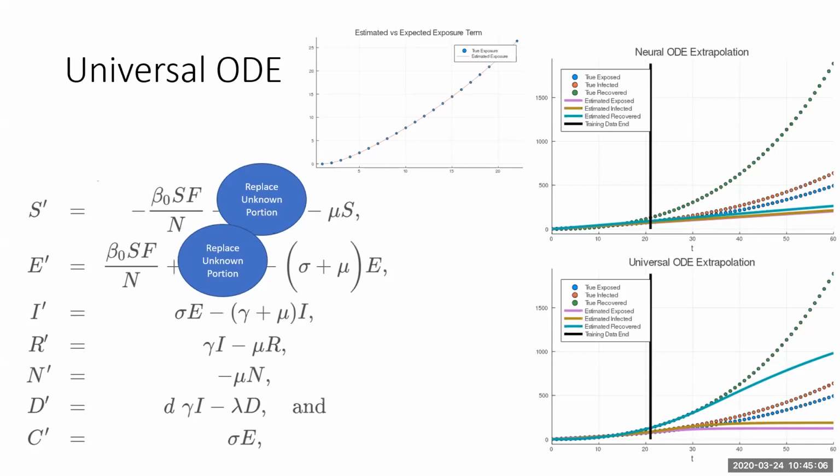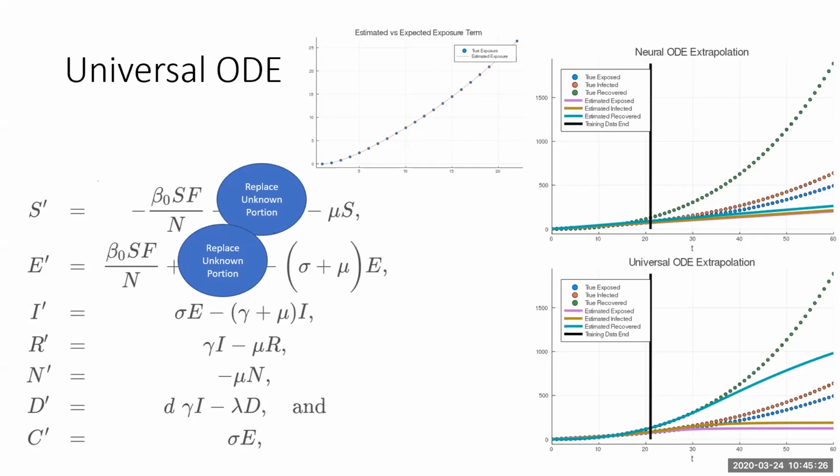If you know that people have the disease, what is the rate at which they actually infect others? So we can assume that we know most of the SEIR model, but say that we don't know this one term, and we can fit that term to the data by using this universal differential equation approach.